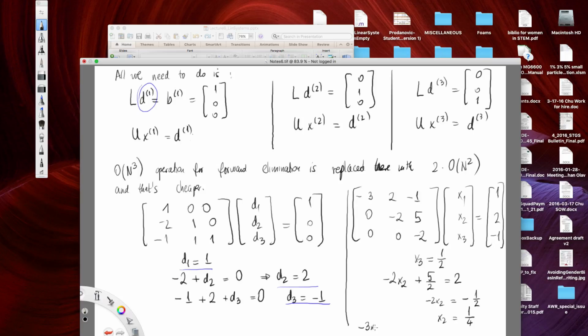So negative 3x1 plus 2x2 minus x3 is equal to 1. I'm already plugging in just to be faster. Okay. So this is my first column of my matrix inverse. And I would repeat this to get my second column and third column.